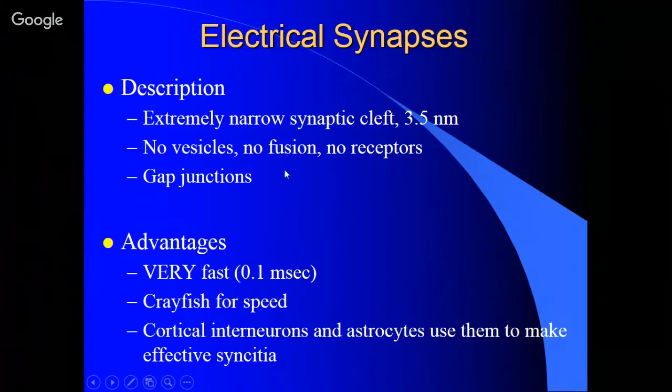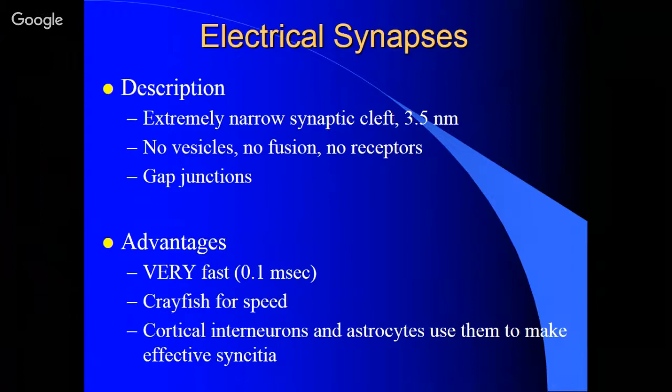The advantage of an electrical synapse is that it's incredibly fast. So synaptic transmission occurs in 1/10 of a millisecond. And you're going to see that's much faster than in the chemical synapse. The crayfish is a good example. Those giant motor neurons that drive the crayfish tail are electrical synapses, and that flick of that tail is very fast. So that's what you gain when you use an electrical synapse, is speed.